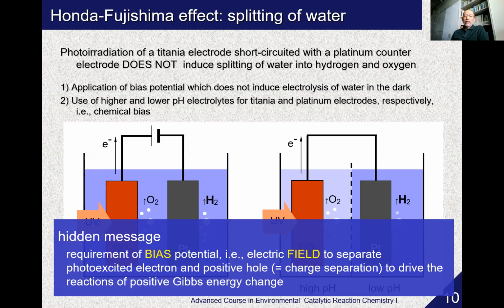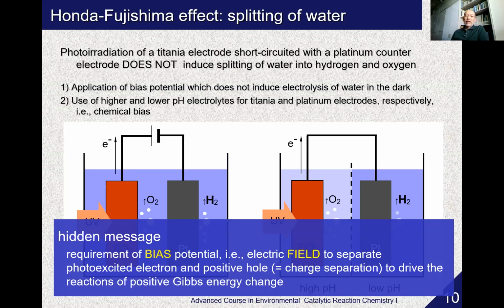So the hidden condition, not clearly shown, for water splitting, which is a positive Gibbs energy change reaction, is that the electric field inside the titanium is necessary. So this is a very, very important message.